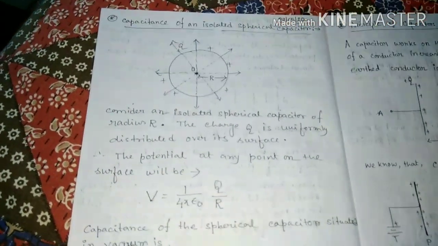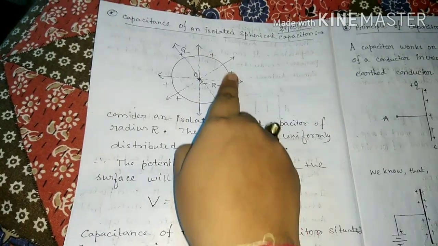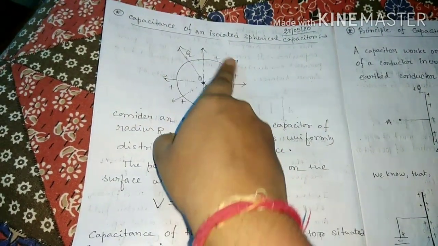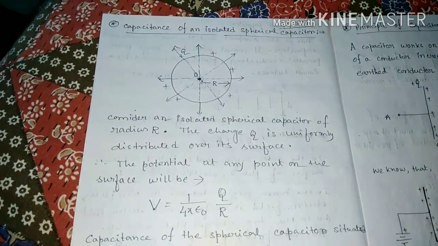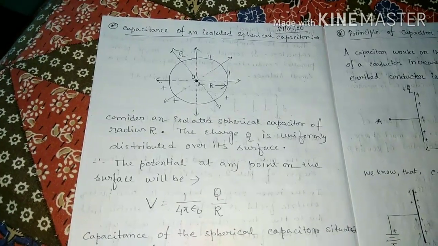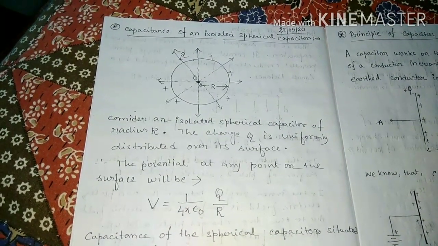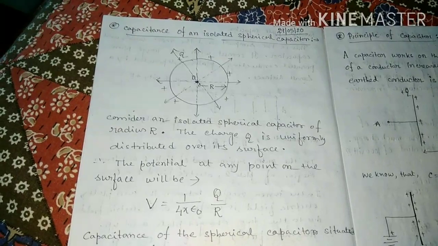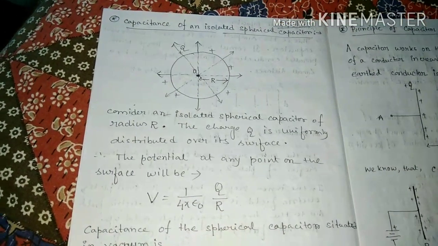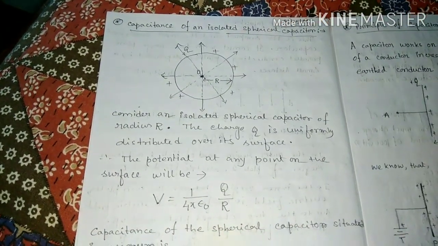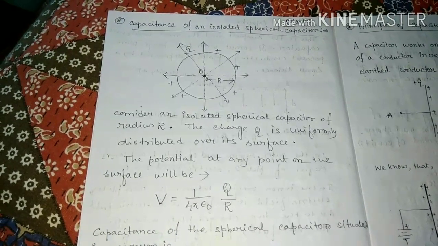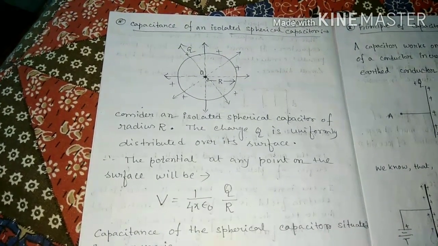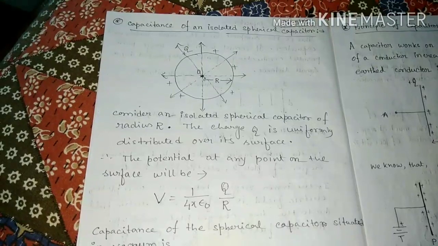In this figure you see that the positive charges are uniformly distributed over this surface, and we consider the radius of this spherical conductor, because a capacitor is one type of conductor, to be r.